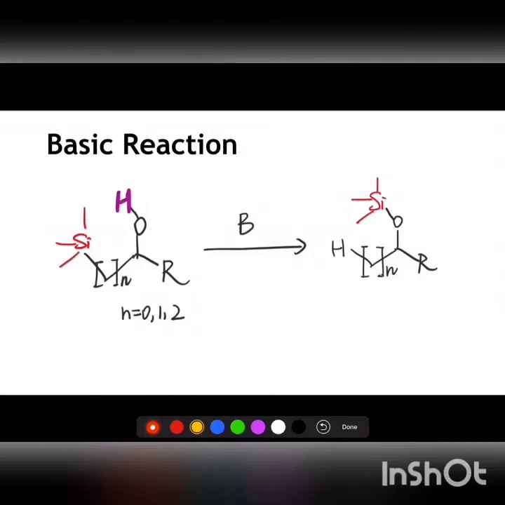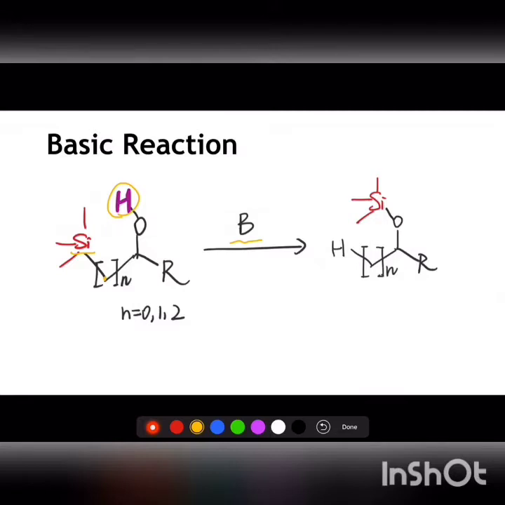The Brook rearrangement happens under a basic environment. So we have the base here. As you can see, on the oxygen we have a hydrogen atom, and there's a silicon atom bound to this carbon. Then we look at our products.